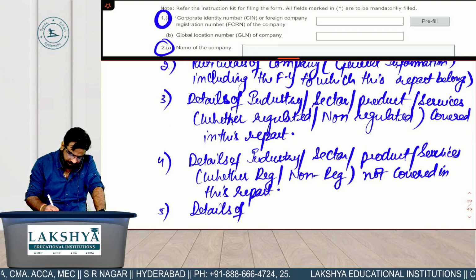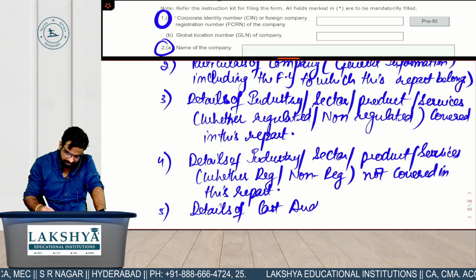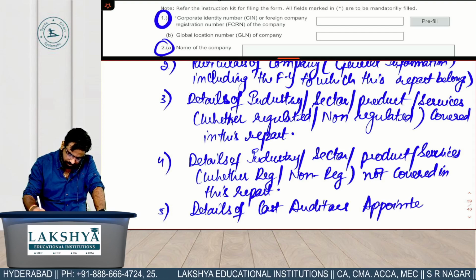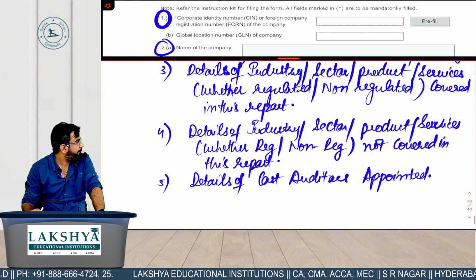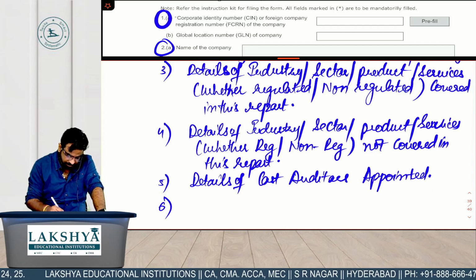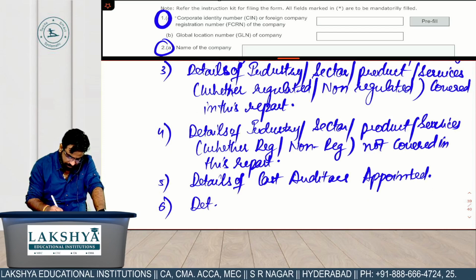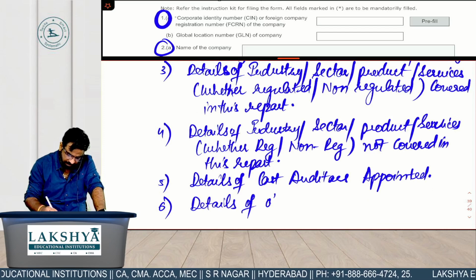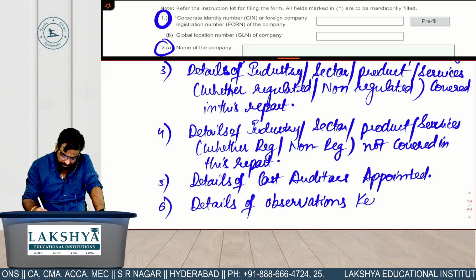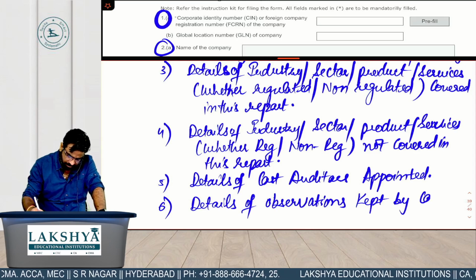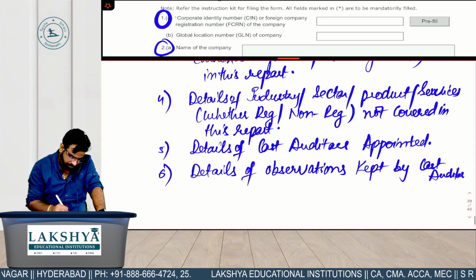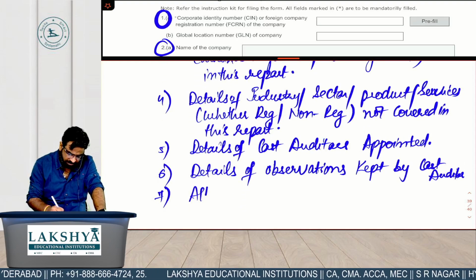Details of cost auditors appointed. Sixth one, details of observations kept by cost auditor. And seventh one, attachments.